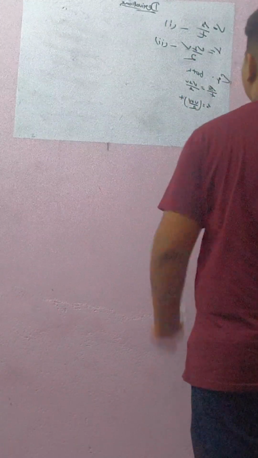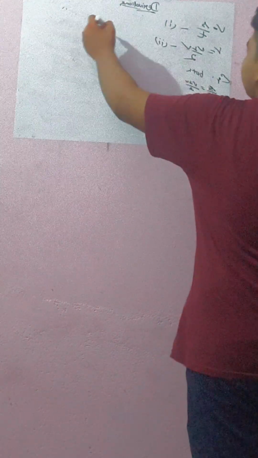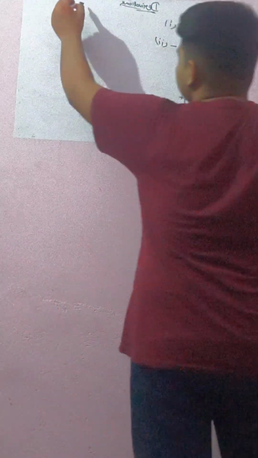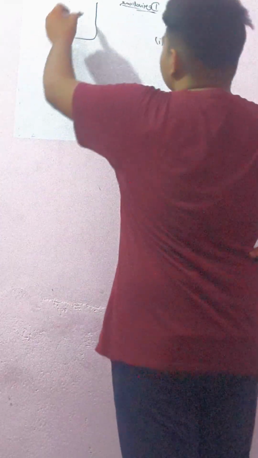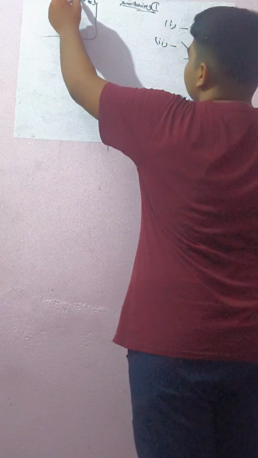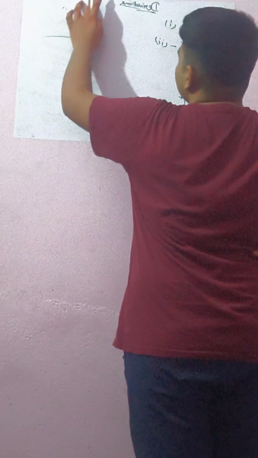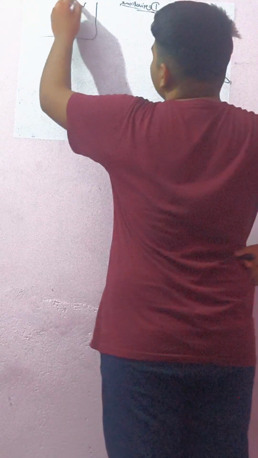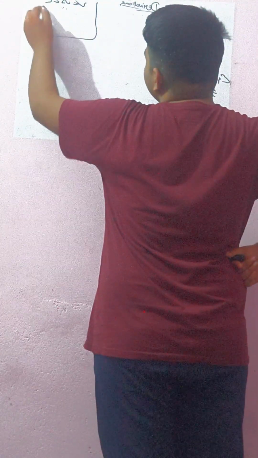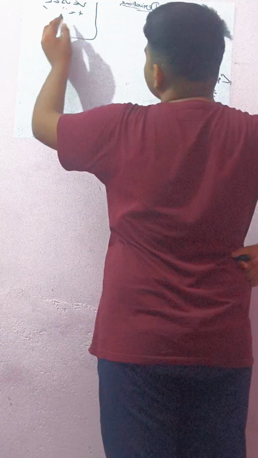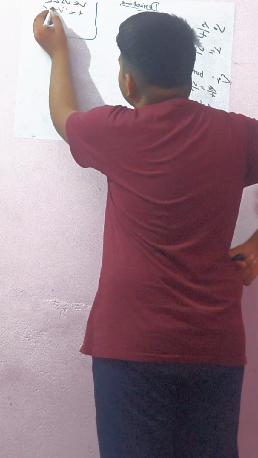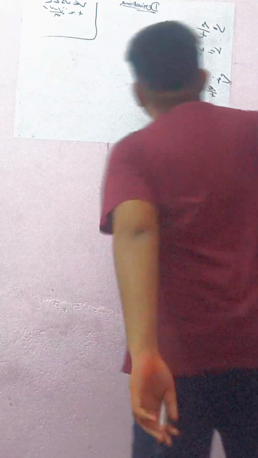We know from the previous equations that v equals u plus at, so t equals v minus u upon a.